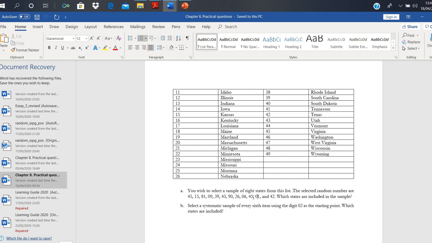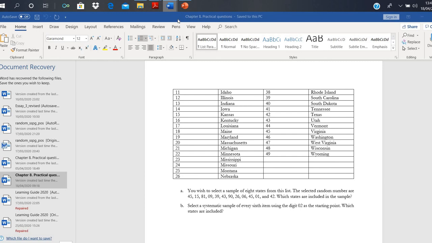So those are the states that I will include in my sample. So it will be 45, 15, 09, 49, 43, 26, 6, 1. And you just count 1, 2, 3, 4, 5, 6, 7, 8.